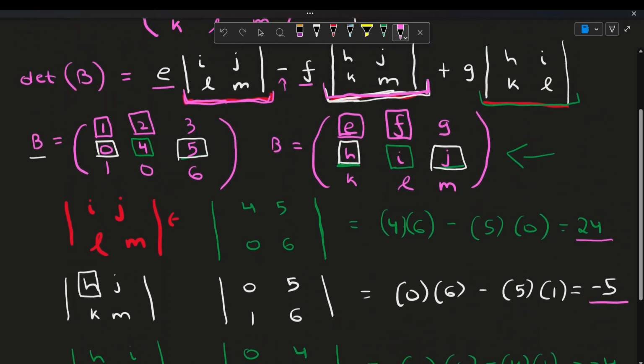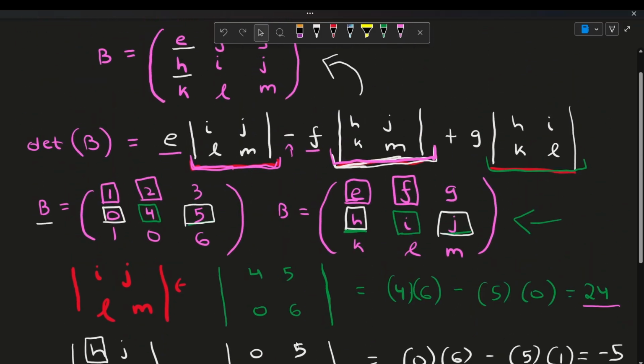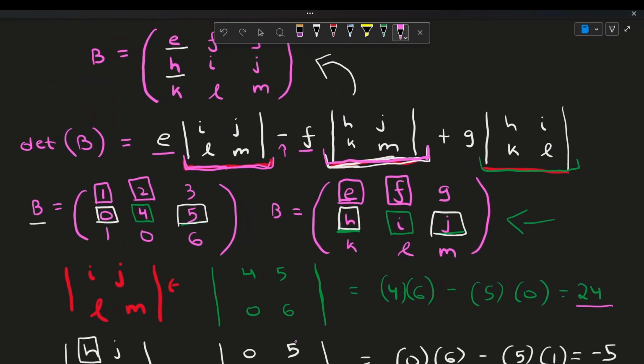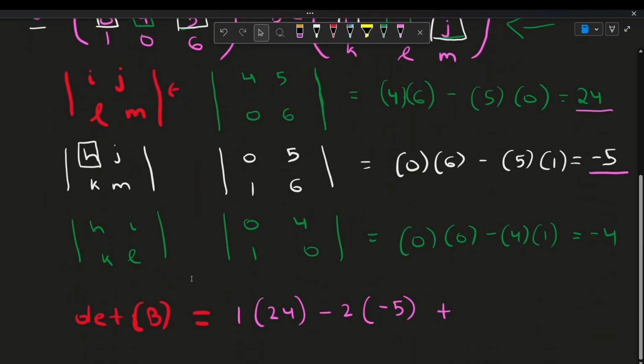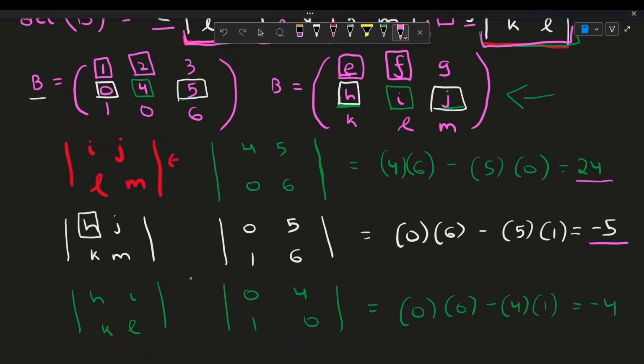plus, because there's a plus in the general form, if we go back, right here there's a plus, and then g times this determinant right here. So let's look at what g is. Our value of g is the third term in the first row, which is 3.